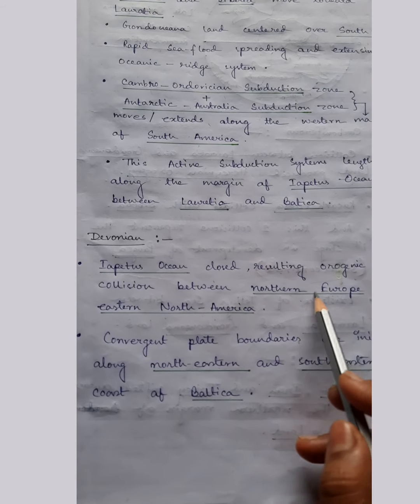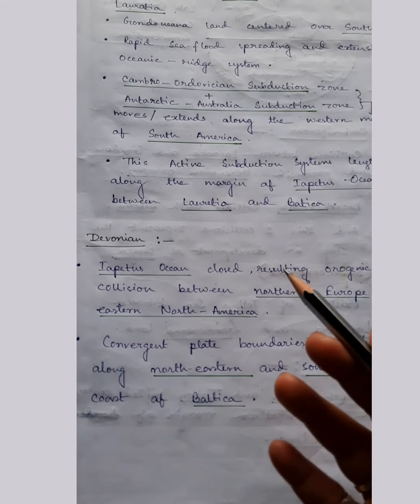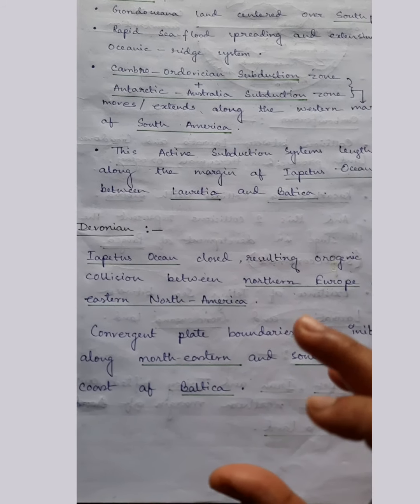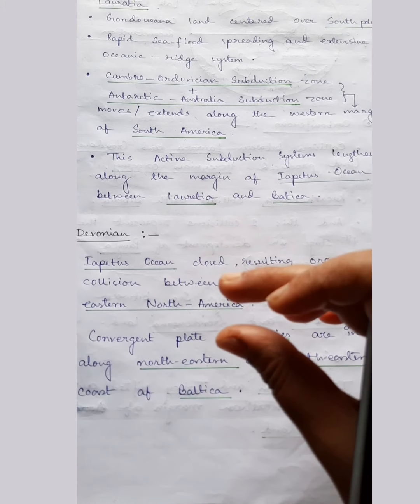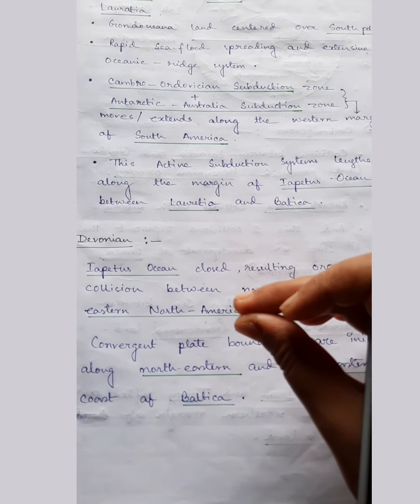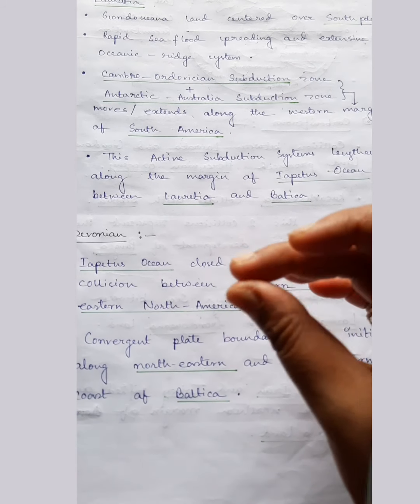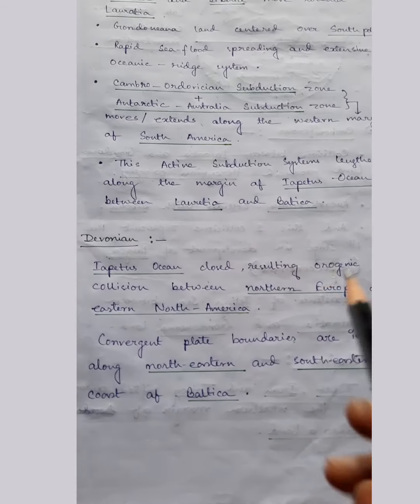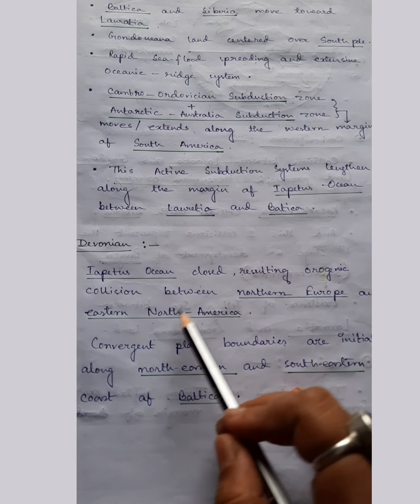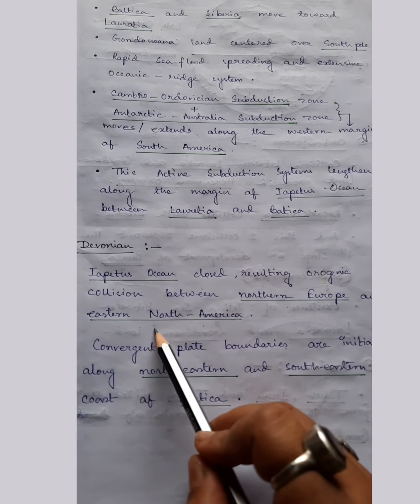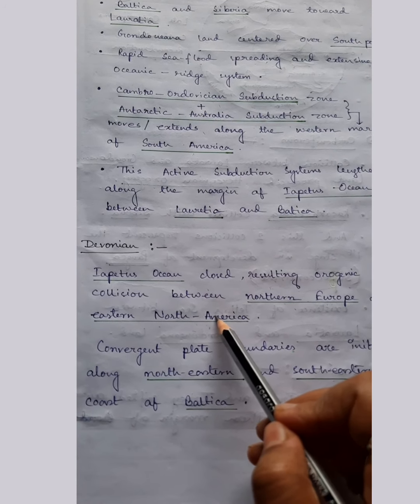resulting in an orogenic collision between northern Europe and eastern North America. This is the common result if the ocean between two continents closes up. The two continents come together and an orogenic collision is created, and this actually happens between northern Europe and eastern North America.